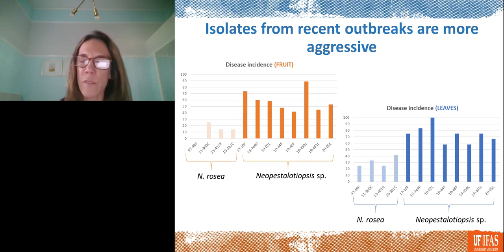Same thing for leaves. When we inoculate with the older isolates, they were just not as aggressive on the leaves. They do cause disease, and the symptom is basically identical. You cannot distinguish by symptoms. The difference is really how much symptoms you get. With the new isolates, you just get a lot more symptoms.